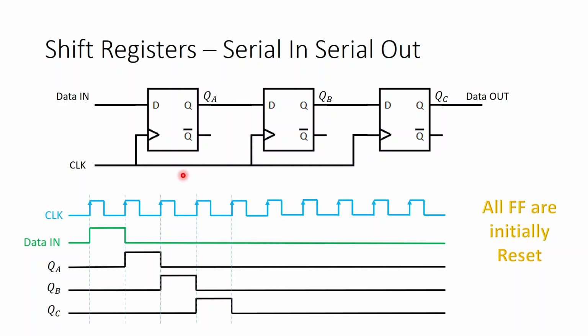Now you see that at the first edge trigger, on the data in line, nothing was there. It was also 0. So there is no change at the first edge trigger in QA, QB, QC. You might say, sir, here the data in has become 1, but there is a caution.